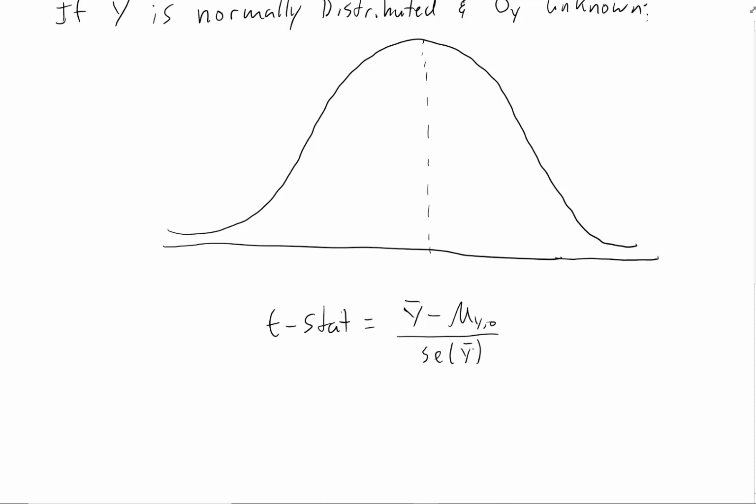If y is distributed normally, the distribution of this t statistic is centered around 0, and it follows a t distribution with n-1 degrees of freedom.